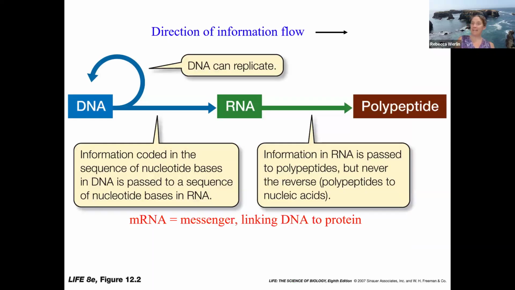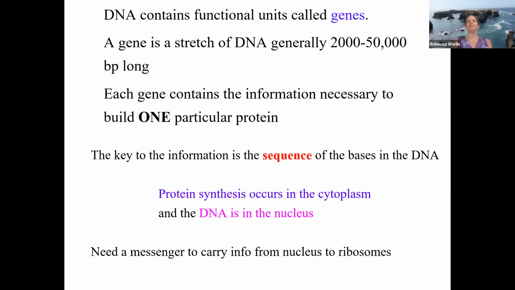Okay, so we have DNA that is transcribed into RNA, and that RNA is translated into a protein product. So typically we have genes in DNA, and these are the functional unit of DNA. And a gene is a stretch of DNA, generally anywhere from 2,000 to 50,000 BP or base pairs long.